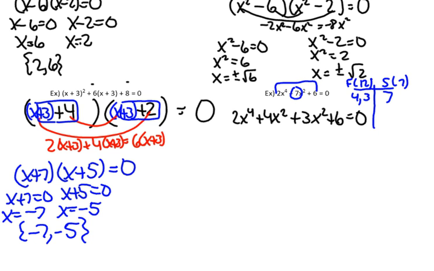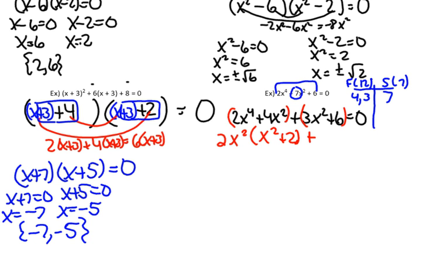Now, how many terms do you have on the left-hand side now? You have 4. The only factoring technique that we can use here is factor by grouping. So I'm going to group the first 2 terms and the last 2 terms together. The GCF from the first 2 terms is 2x squared. When I factor that out, I'm left with x squared plus 2.